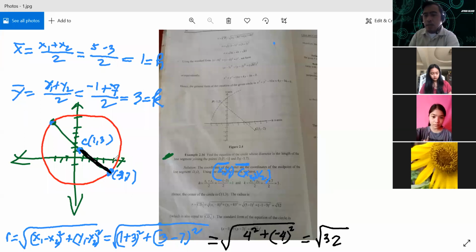Since you already have your radius, your h and k, then you are now ready to find the equation of your circle, right?